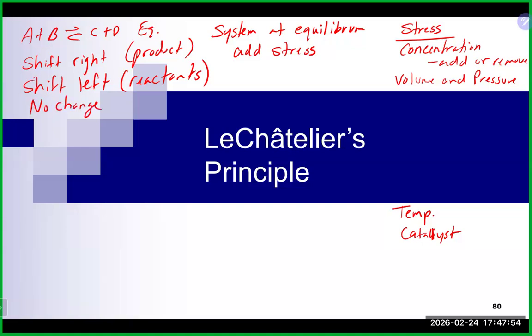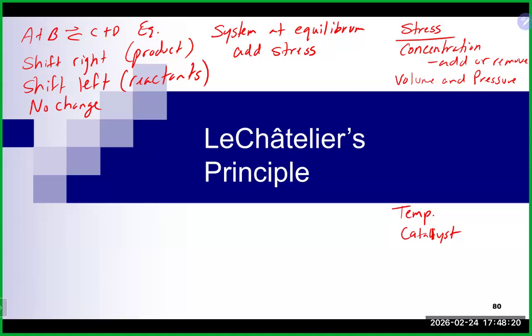So even though you did something to it, there are certain situations where nothing much is going to happen to that system. And there's a couple of places where that occurs. So again, you're going to do something to it. It's going to screw it up. And then it's going to try to fix itself by shifting to the right, shifting to the left, or again, there may ultimately be no change.